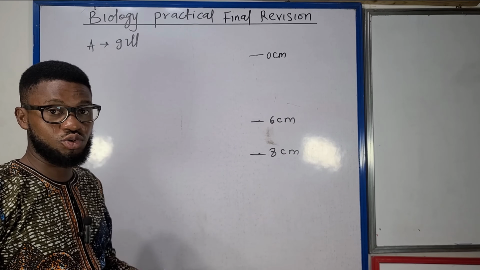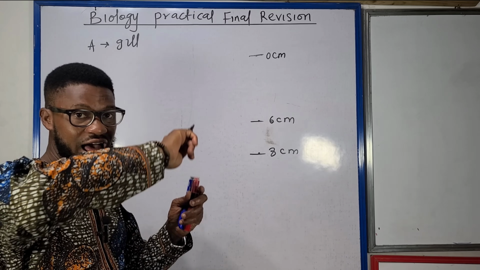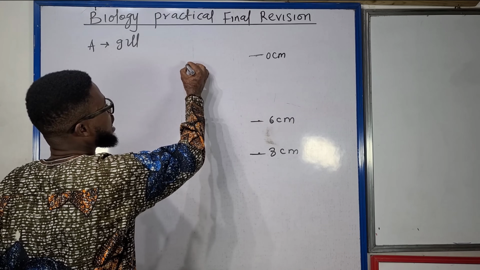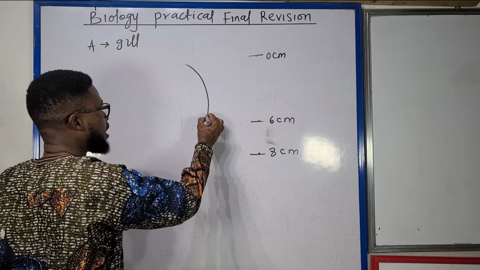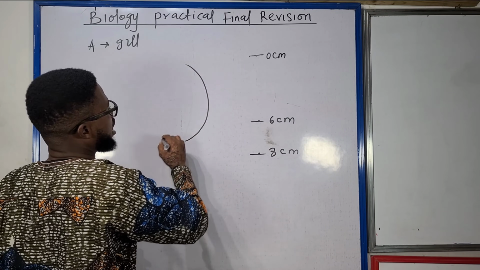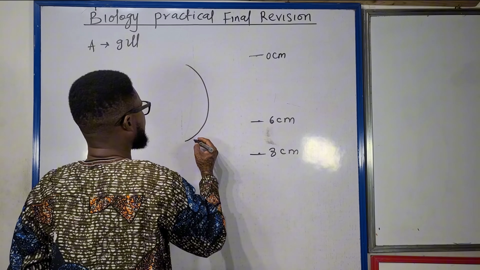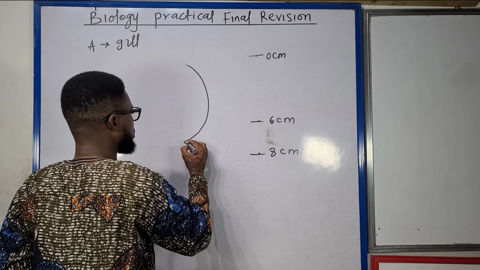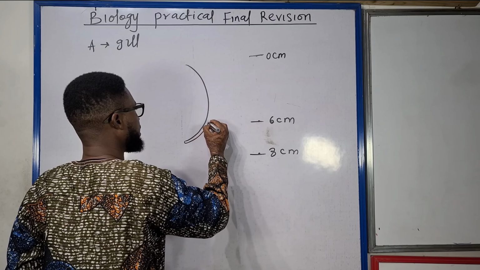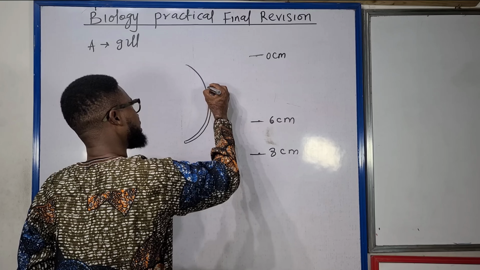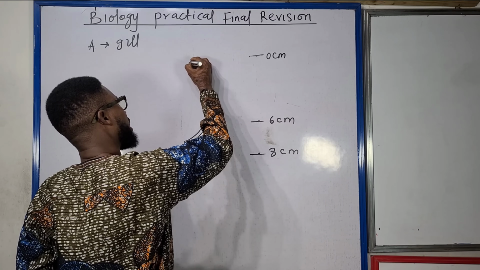So all I need to do is first of all start with my gill arc in form of a C, and with the gill arc, I'll ensure that it is not going out of the line. So once I've done that, then I'm going to just very quickly double that. You can see no broken line. You have to avoid that.